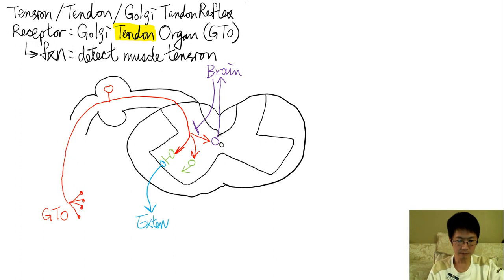Extensor muscle, okay, again, this is the quadricep. And guess what? This one goes to your flexor. And this is the hamstring.